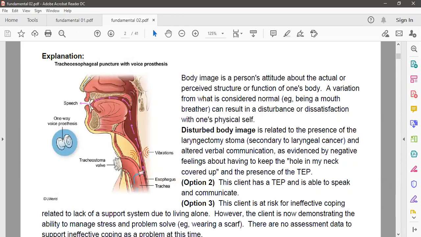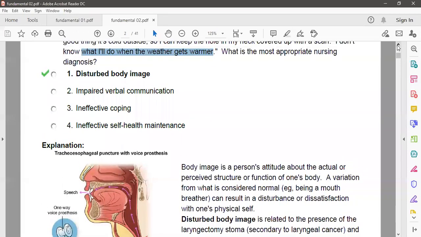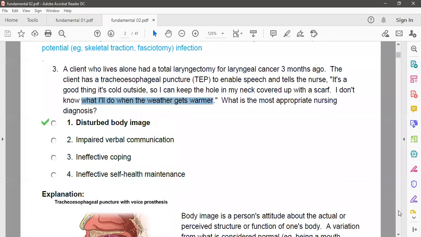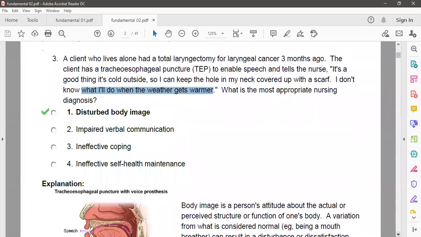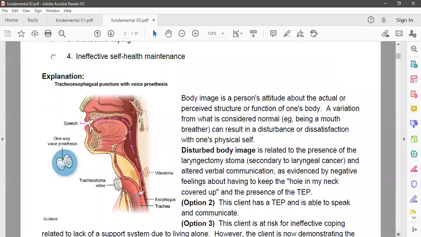So here we put the tracheostomy valve, right? In this operation, we use the tracheoesophageal puncture device which the patient has to use. It is important that you counsel your patient about coping. Coping about what? To adjust to the new system, about the body image.